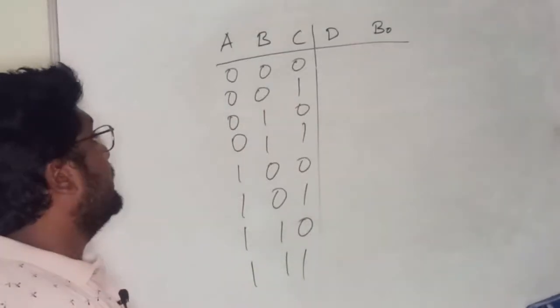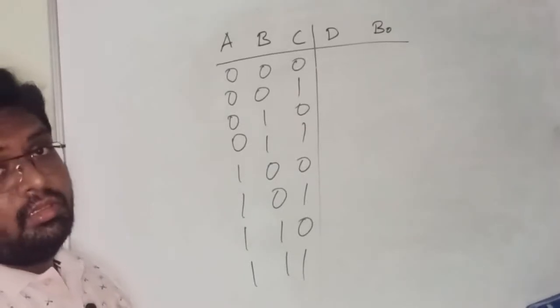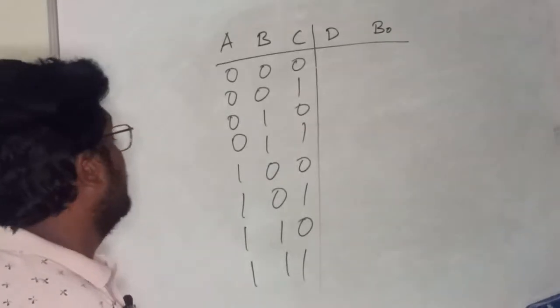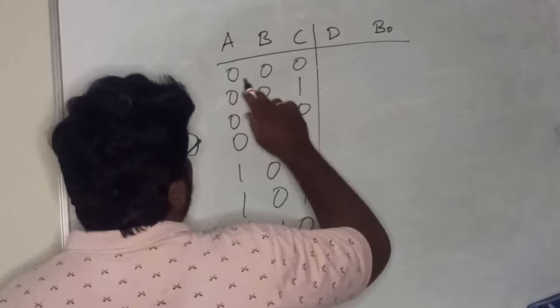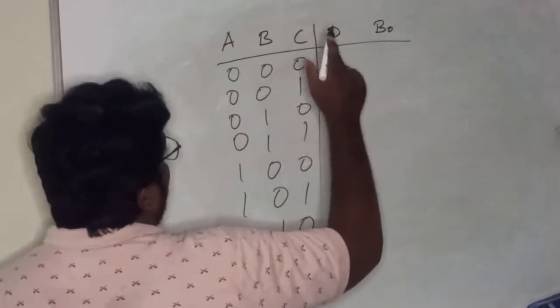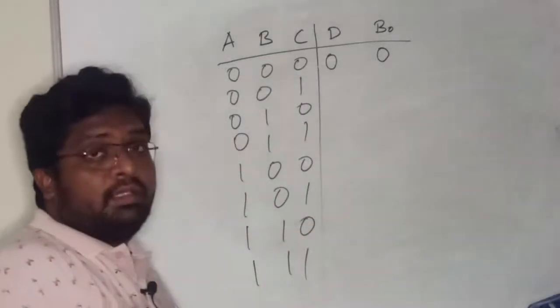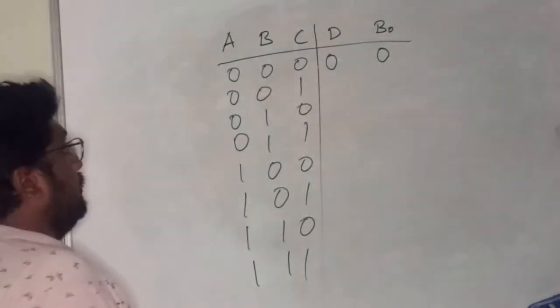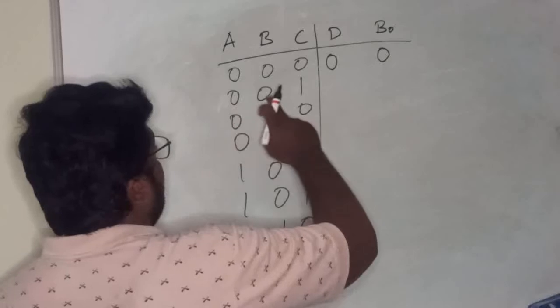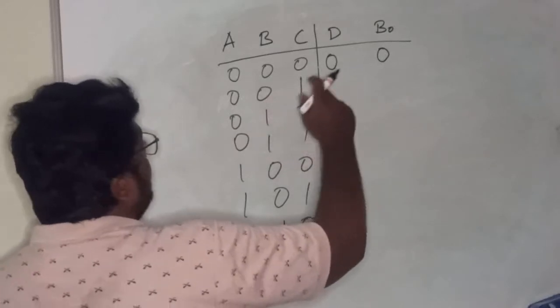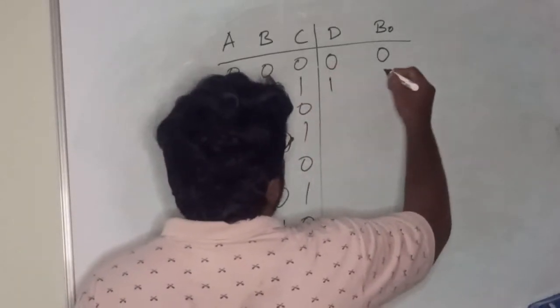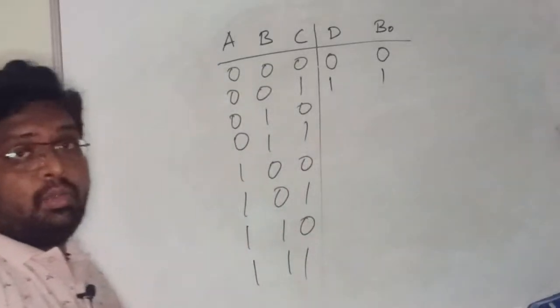Now let us see the difference and the borrow representations for the full subtractor. When we are subtracting 0 and 0 and 0, the difference will be 0 and also the borrow will be 0. When we are subtracting 0 from 0 and 1, the difference will be 1, also the borrow will be 1.